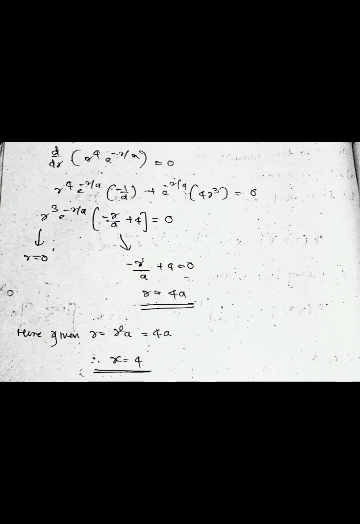Differentiating this, we can write it as r raised to 4 e raised to minus r by a into minus 1 by a plus e raised to minus r by a into 4 r raised to 3 is equal to 0. r raised to 3 e raised to minus r by a into (minus r by a plus 4) is equal to 0. That means here r equal to 0 and minus r by a plus 4 is equal to 0. So here r is equal to 4a. And here it is given that r is equal to gamma a. That means gamma is equal to 4. So this is the answer.